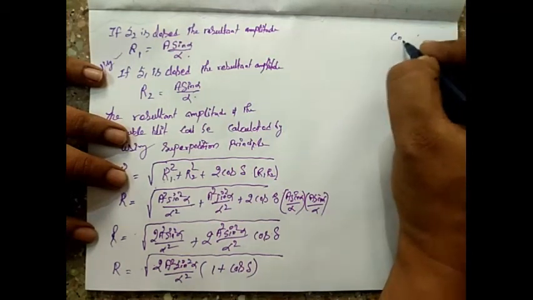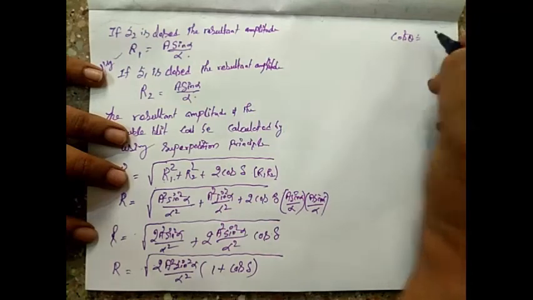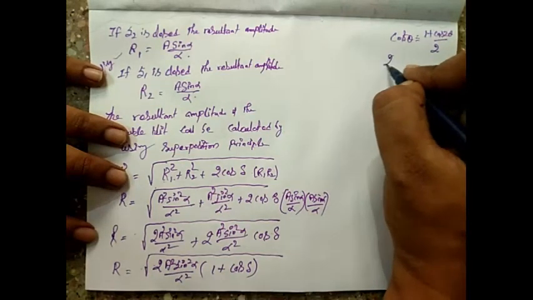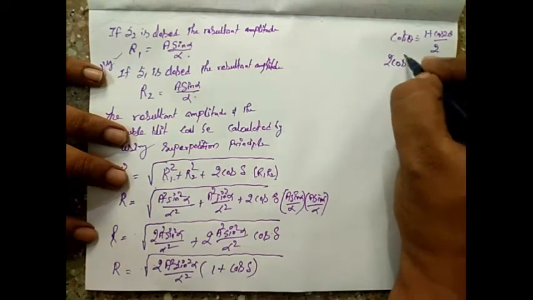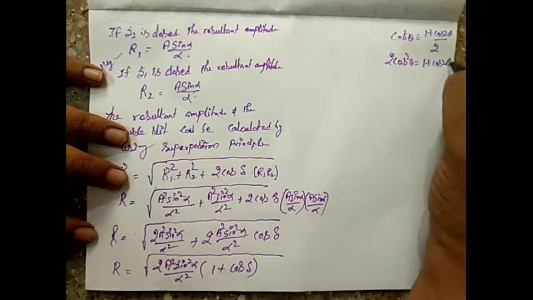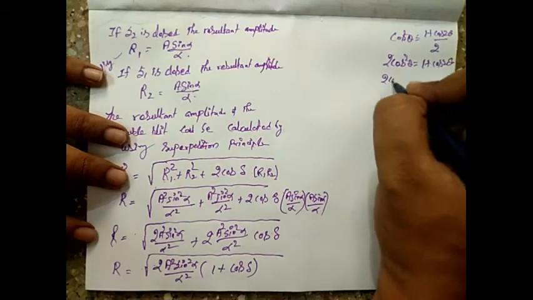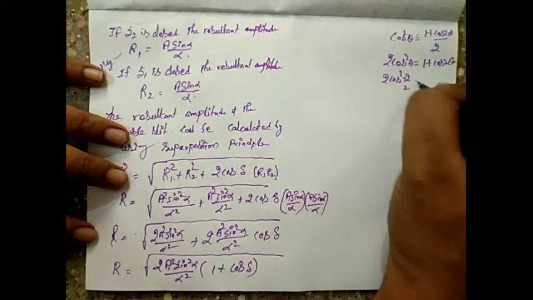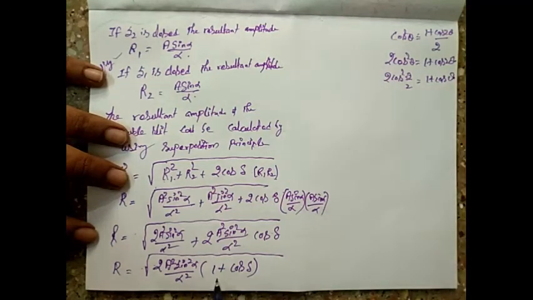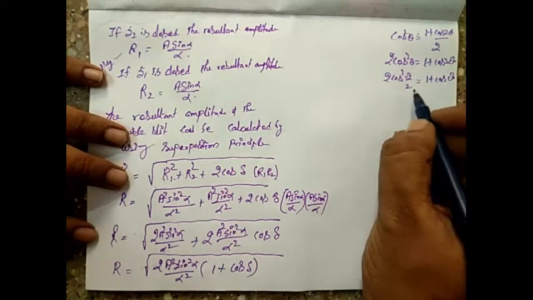Cos square theta can be written as 1 plus cos 2 theta by 2. It can be changed as 2 cos square theta is equal to 1 plus cos 2 theta. 2 cos square theta by 2 can be written as 1 plus cos theta. So here 1 plus cos delta is available. So here 1 plus cos delta can be changed to 2 cos square delta by 2.